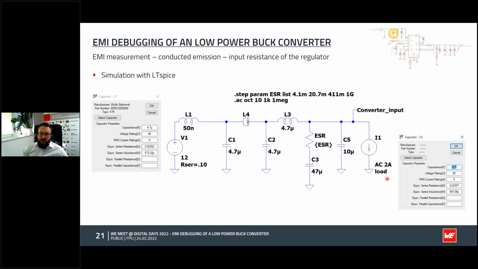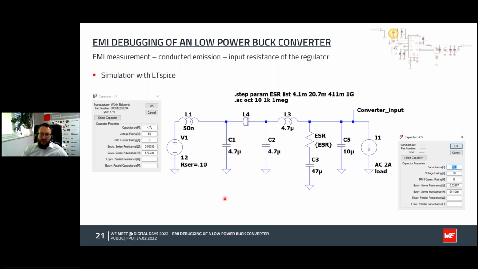We then did some LTspice simulation to see what the resonances are here, and maybe what the issue is. So this is the simulation. This is the input of the converter, and this is my input circuitry. Also here, I already did some filtering, and the components are real components, like you see, with the equivalent series resistance and so on.